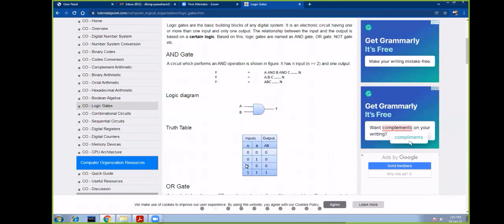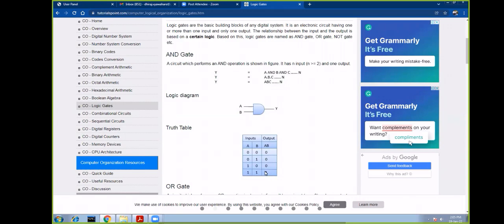If one input is 1 and another is 0, the output is 0. If first is 1 and second is 1, then the output is 1. That means in an AND gate, when both inputs are 1, the output is 1.